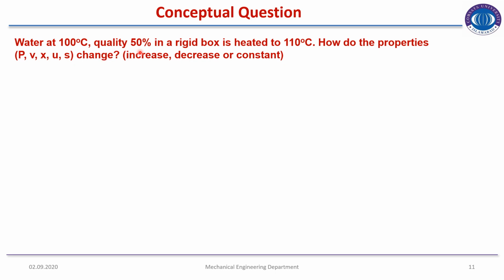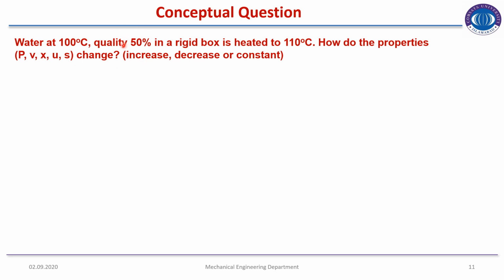So quality or dryness fraction is given as 50%. We know that the value of quality or dryness fraction at the saturated liquid line is 0, whereas it is 1 at the saturated vapor line.